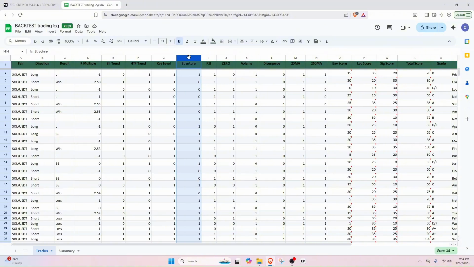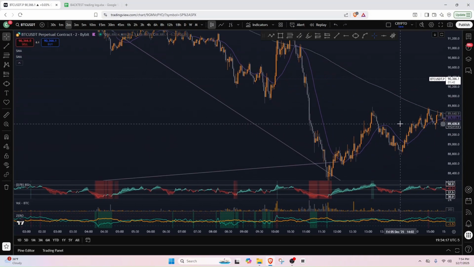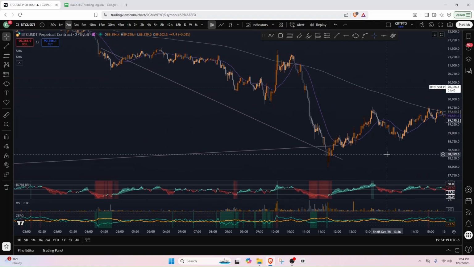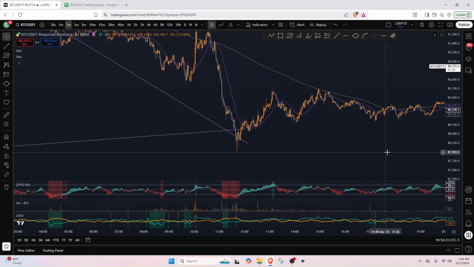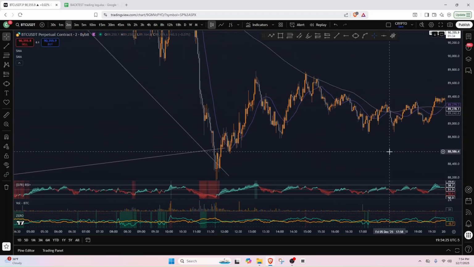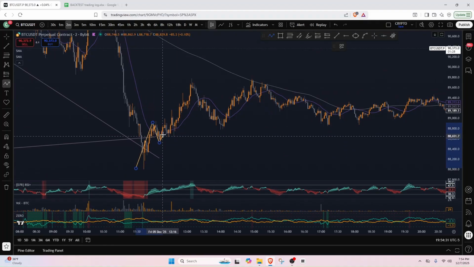Okay, structure is next. And so if I'm counting structure going down or going up, I want it to be on my side. So if I wanted to take a long in this position, I've got some structure going up here, right?